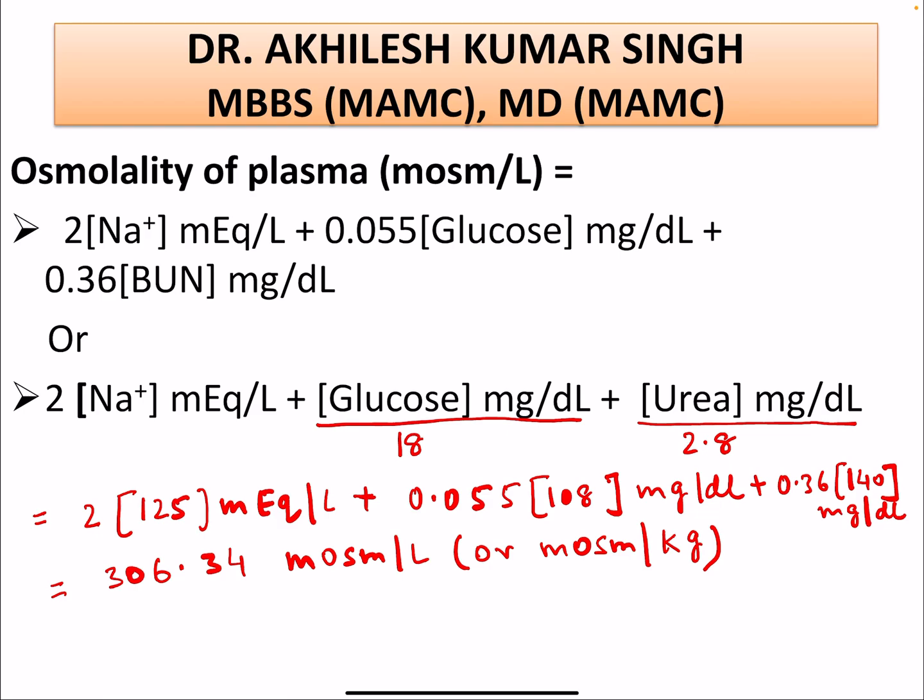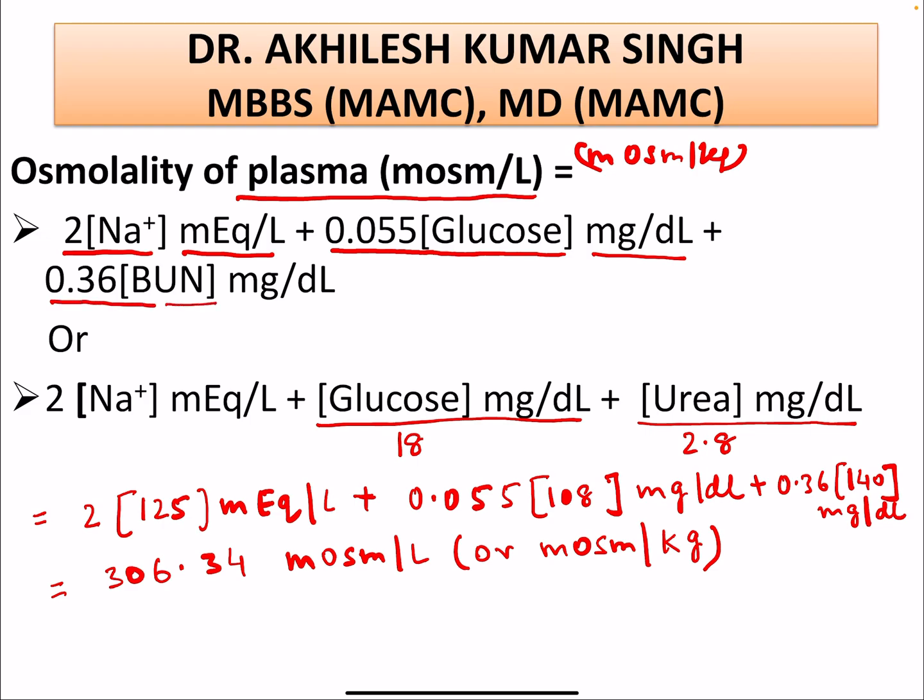The osmolality of the plasma in milliosmoles per liter or milliosmoles per kg will be equal to twice the concentration of sodium in milliequivalent per liter plus 0.055 times the concentration of glucose in milligram per deciliter plus 0.36 times the concentration of blood urea nitrogen in milligram per deciliter, or twice the concentration of sodium plus glucose divided by 18 plus concentration of urea in milligram per deciliter divided by 2.8.